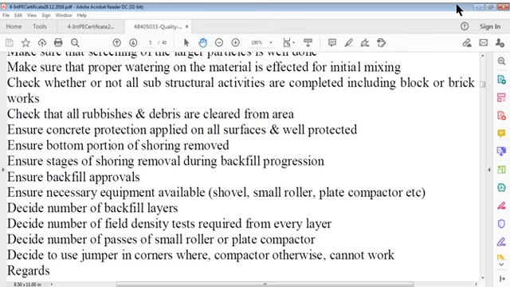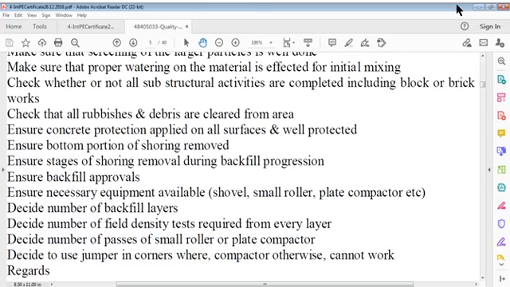Necessary equipment available: shovel, small roller, plate compactor. Number of backfill layers which you have to decide, because maximum in one layer you can place 150 compacted and 200 uncompacted. So if it is 100 centimeter backfill, you need 7 layers depending on the 150.